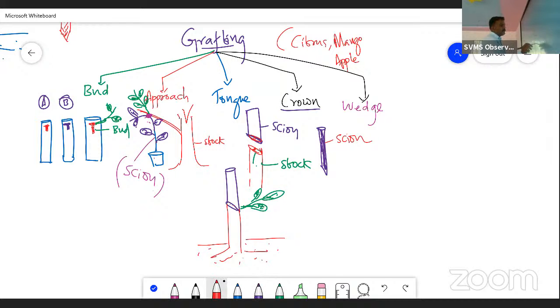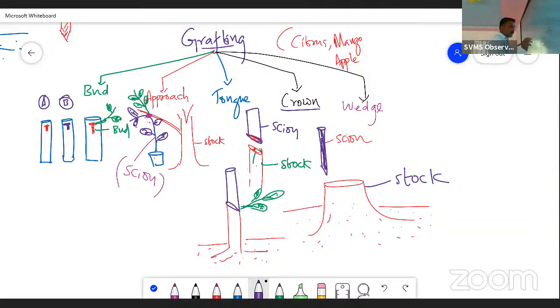This is a stalk. The stalk is very wide, very large in size, because it is rooted in the soil. On the surface of the stalk there is a slit, or it is cleft. I mean, a cavity is created in which the scion and stalk are joined together.